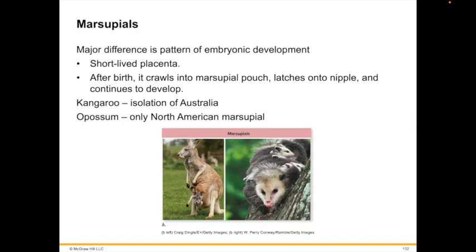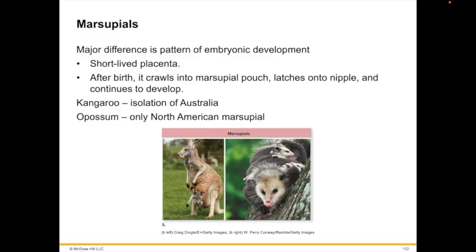Marsupial mammals. The major difference between marsupials and other mammals is their pattern of embryonic development. In marsupials, a fertilized egg is surrounded by a chorion and amniotic membranes, but no shell is formed around the egg as it does in monotremes. So after birth, it crawls into a marsupial pouch, latches onto a nipple, and continues to develop.